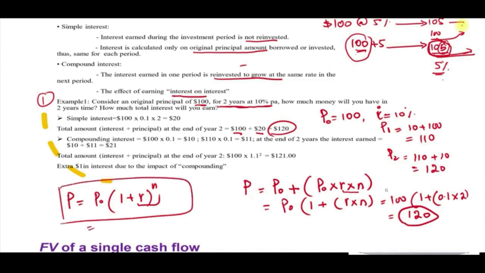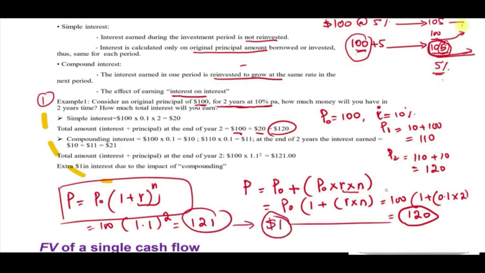If you use compounding, it would be 100 times 1.1 power 2, which is 121. So instead of 120, now you have 121, so the difference is $1.